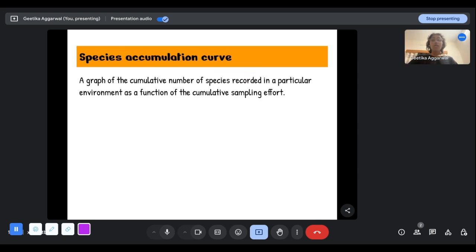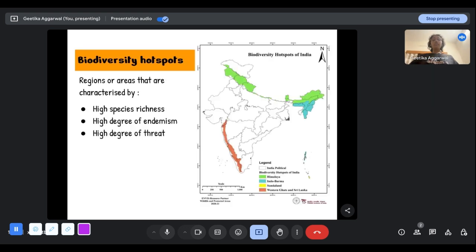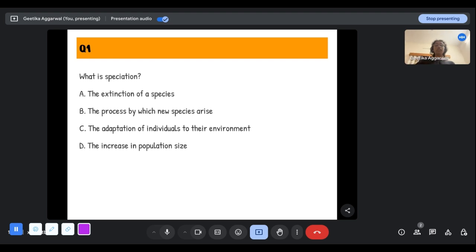Okay. Now, moving forward to the Q&A session for today, I will ask you some questions. This might help you with your understanding, and it will clear some concepts for you guys if you're able to answer these questions. Number one, what is speciation? Is it the extinction of a species, the process by which new species arise, the adaptations of individuals to their environments, or the increase in population size?